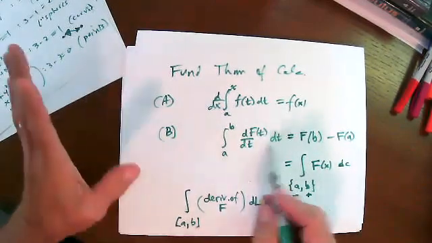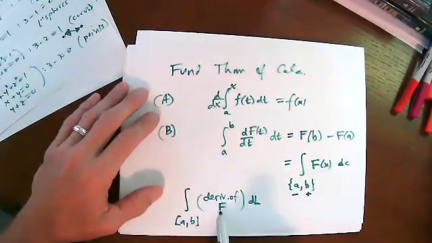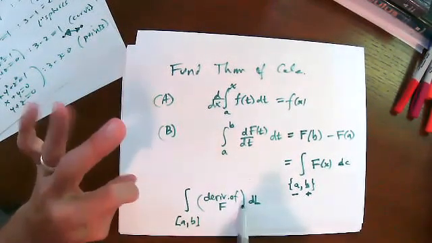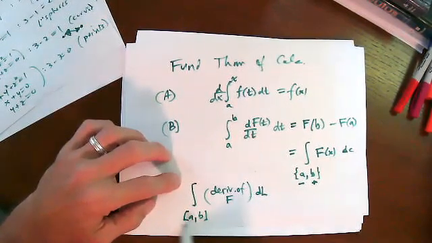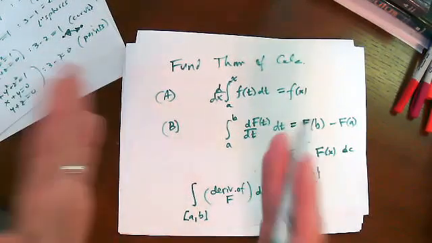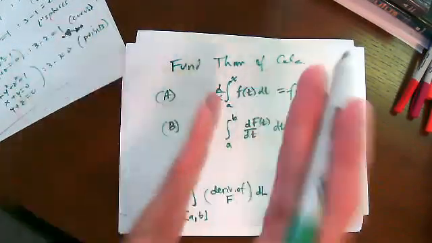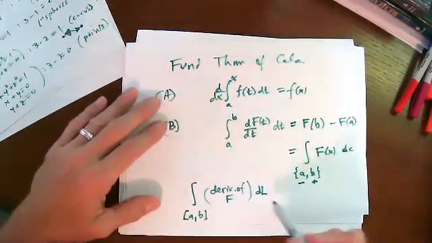But anyway, if you're back in Calc 1, if you have a function capital F, if you differentiate it and then compute an integral with respect to length over some interval, and you all know the picture, right? You've got all those little towering rectangles nestled next to each other.